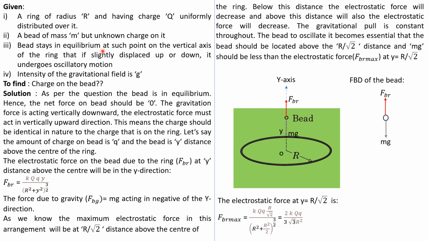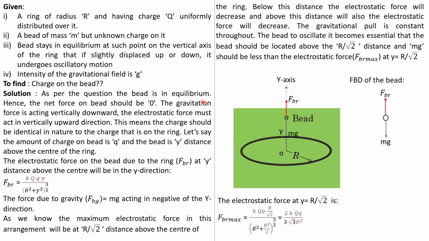The bead stays in equilibrium at such a point on the vertical axis of the ring that if slightly displaced up or down, it undergoes oscillatory motion, meaning this condition is given. The intensity of the gravitational field is to be taken as small g. So the charge on the bead will be what?